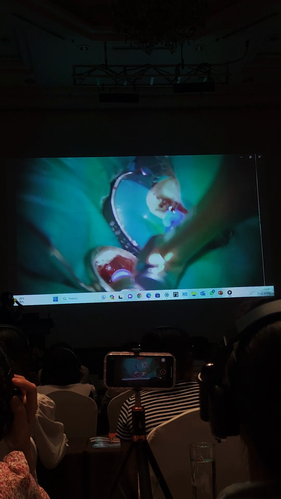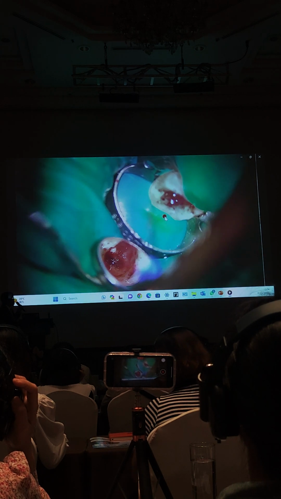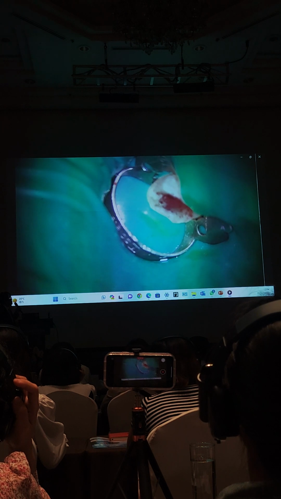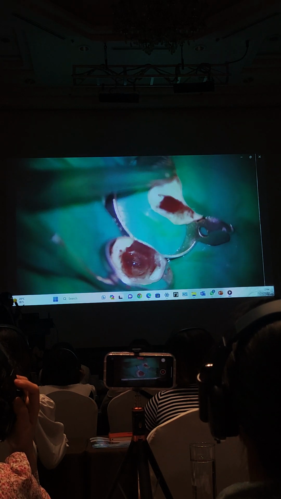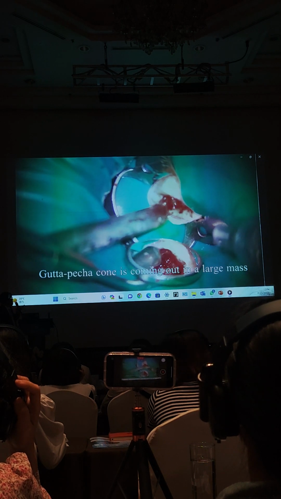First, I used the Expand Shaper, followed by the Expand Finisher. You are softening the gutta-percha and mechanically removing the gutta-percha.